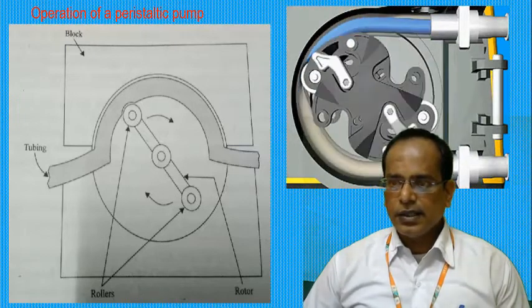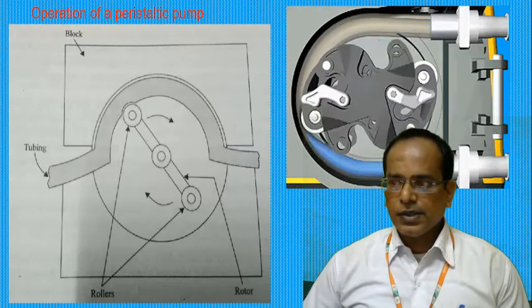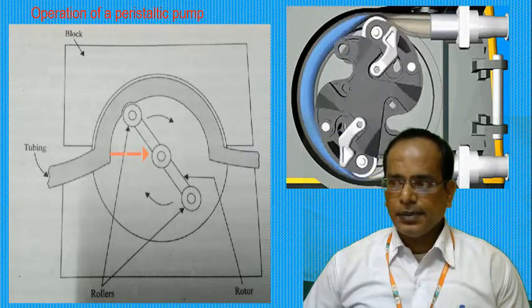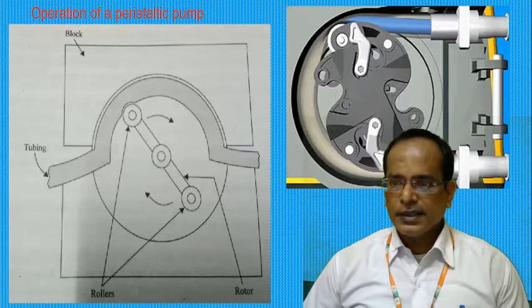This is a single rotor design, but multi-rotor types are also available. The speed of this peristaltic pump is approximately 20 rpm.